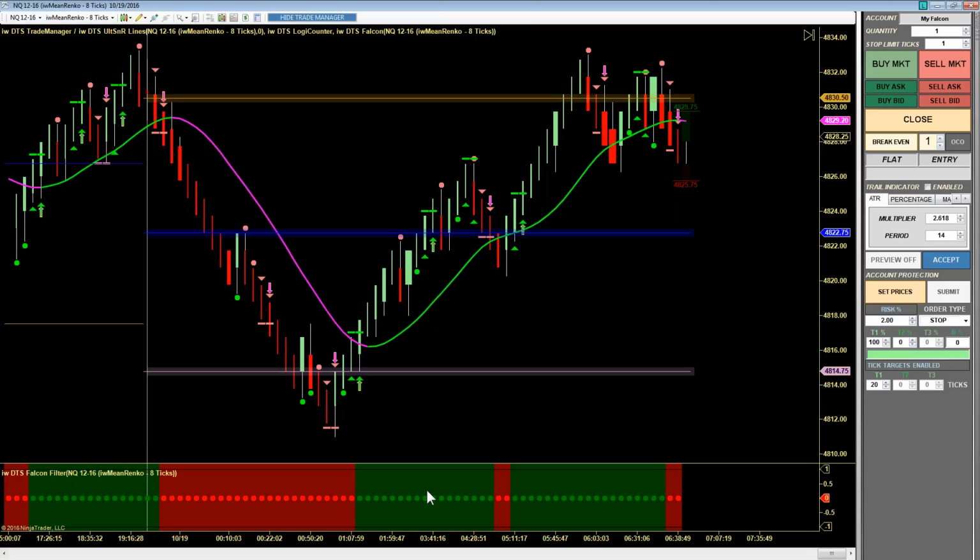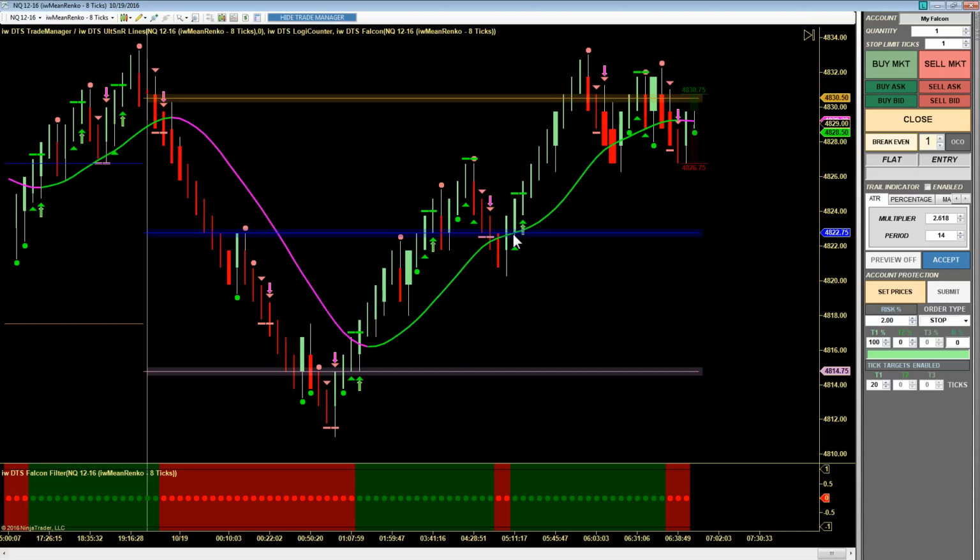and a green filter. So this would be what we call our trend change signal, which is essentially the first signal after the trend line changes color, the first in sync signal. That was followed a few bars later by what we call a late filter entry signal. This was pre-market.